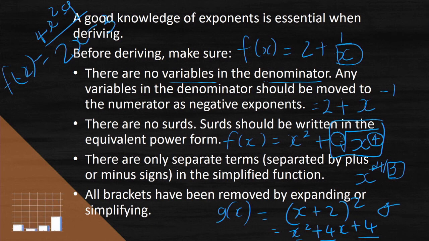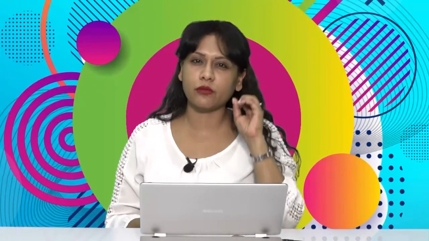To simplify this before getting it into the point where you're ready to derive it, you first need to factorize the numerator. So you need to remember all your rules for factorizing. This is where your algebra from grade 9 becomes so important. You have to first factorize the numerator, see that that's a difference of squares, cancel out your like terms, and then only can you derive.